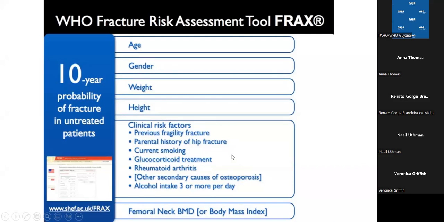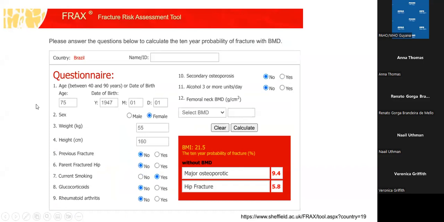Rheumatoid arthritis and diabetes are equivalent risk factors for fractures. So this is the FRAX layout. You can select the country.